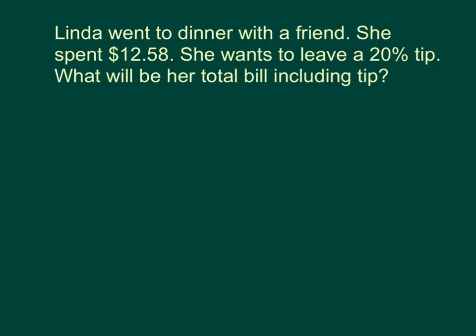So if we take a look at our next example, it says Linda went to dinner with a friend. She spent $12.58. She wants to leave a 20% tip. What will be her total bill including tip? So notice that this is a different question. We're looking for total bill now. So the first thing we have to do is figure out what the tip is going to be and then find the total bill.